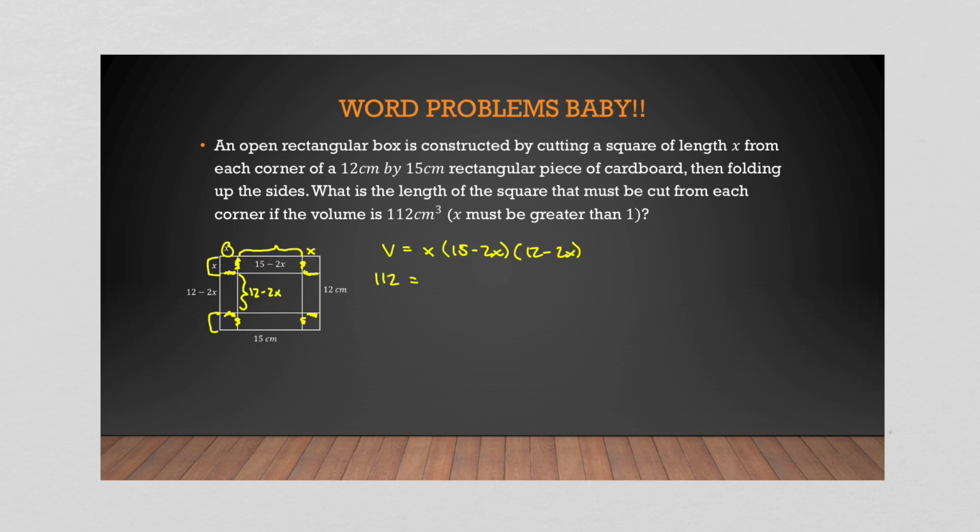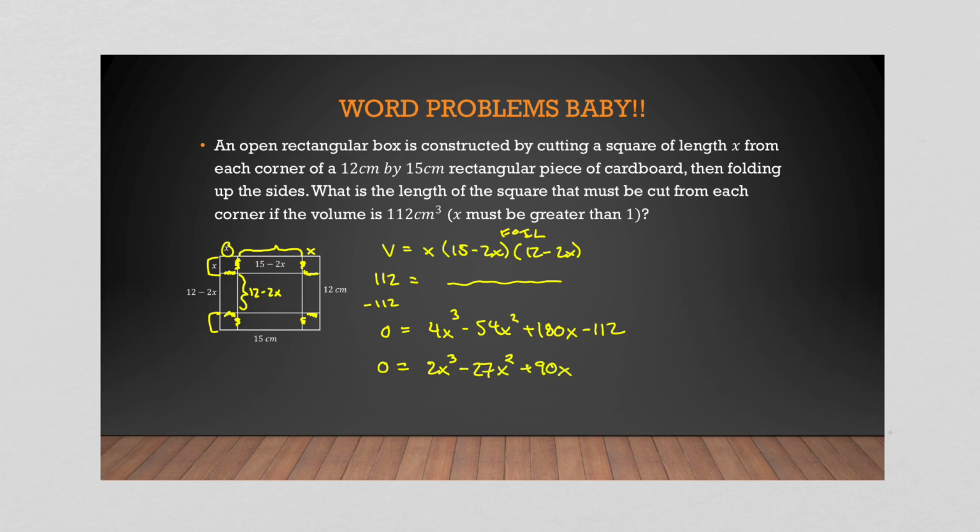So now if we FOIL this out and work this through, multiply everything by x, and then subtract 112, you end up with a polynomial that looks like this: 4x cubed minus 54x squared plus 180x minus 112. And again, if you look at all of these numbers, they're all even, so divide them all by 2 because it just makes using the rational root theorem a little bit easier.